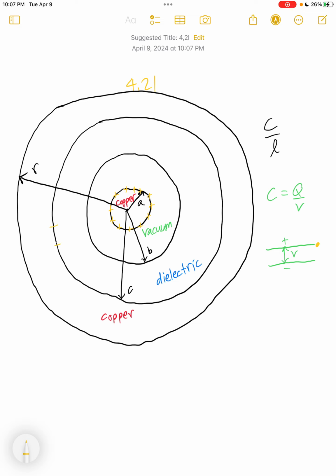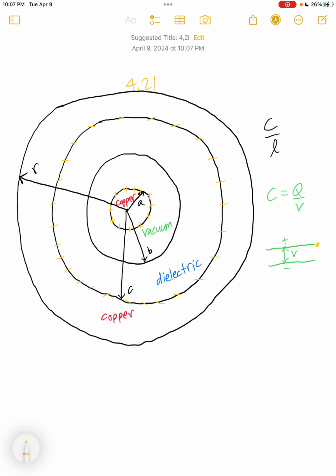And similarly, there's negative charge distributed on the inner surface of the copper tube. Again, this charge resides on the surface because copper's a metal, so it's a conductor. And we know that for conductors, excess charge resides on the surface of the conductor.